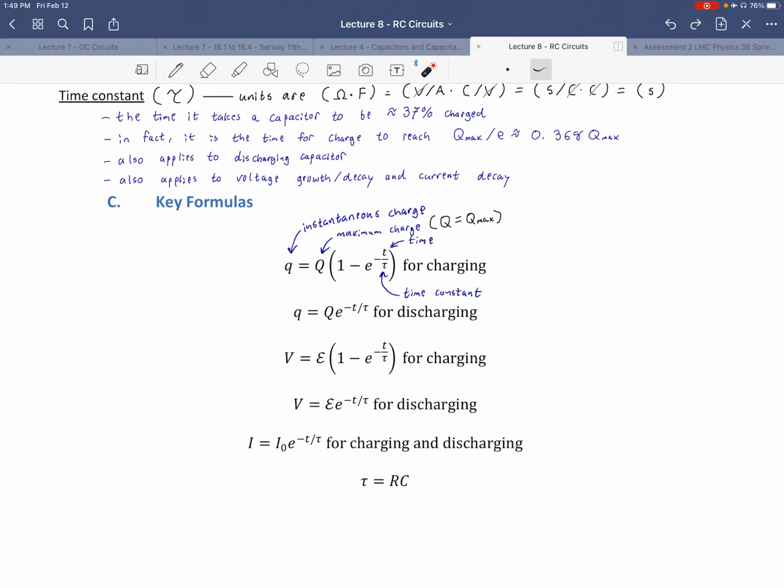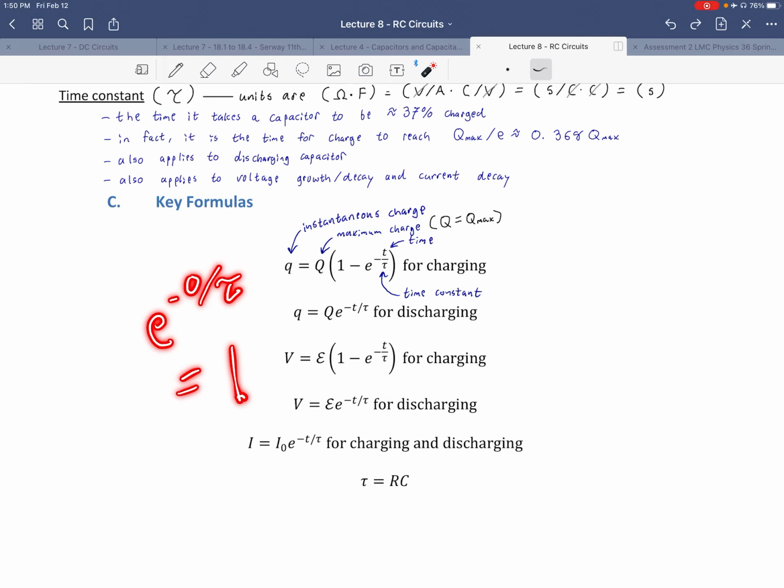Another important thing to consider is the form of this equation, because what does it mean for 1 minus e to the negative power to be a function? Well, if we were to plug in t equals 0, what would this expression become? If I had e to the negative 0 over tau, no matter what tau is, then I'm going to get 1, because e to the 0 power is equal to 1, just like any number raised to the 0 power is equal to 1. And it doesn't matter that it's negative 0.